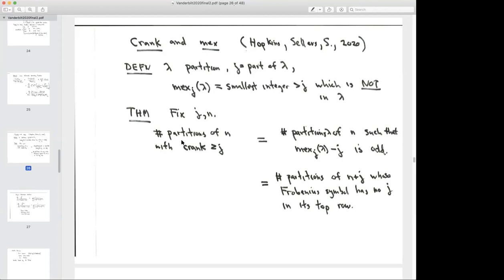Crank at least j is the same as partitions such that MEX j minus j is odd. Or it's also the same as partitions of n plus j whose Frobenius symbol has no j in its top row. So somewhere hidden on these right-hand sides are more 5 cycles and 7 cycles. Not referring to any crank, but referring to this MEX or this Frobenius notation. I don't know what that is.